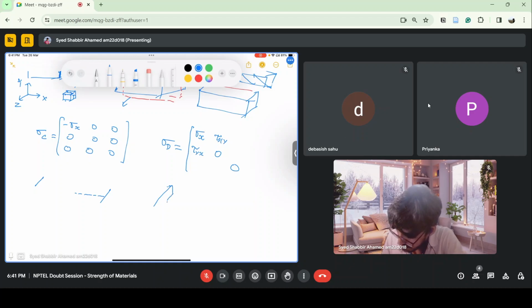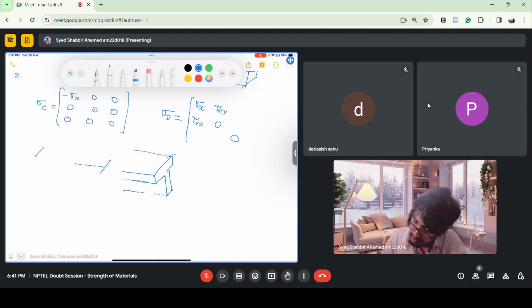So this is our flange, and let's say our beam looks like this, and we are cutting a section here.